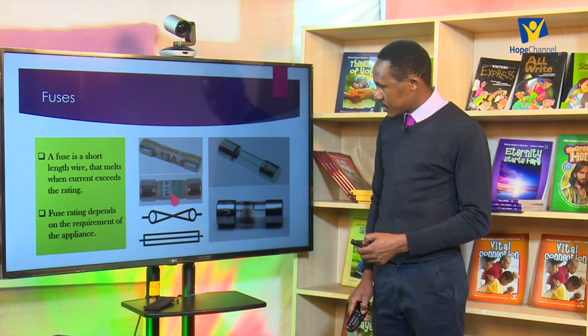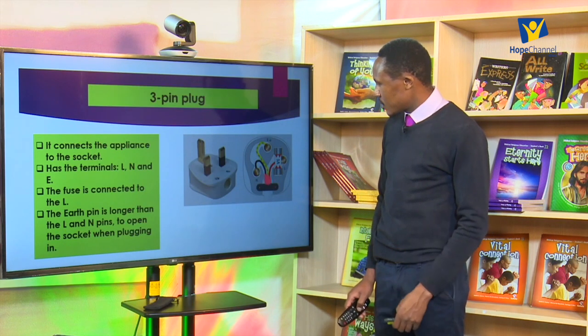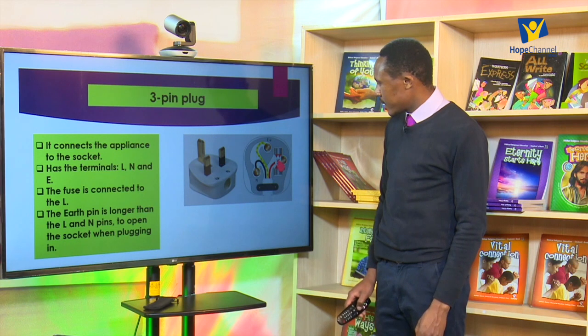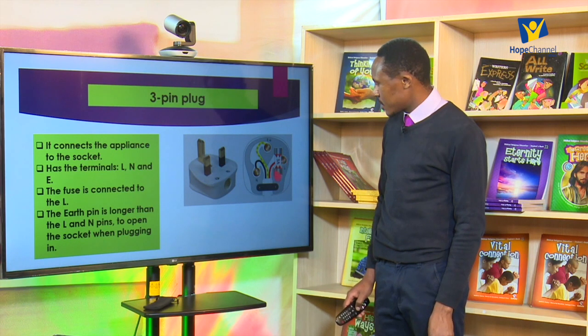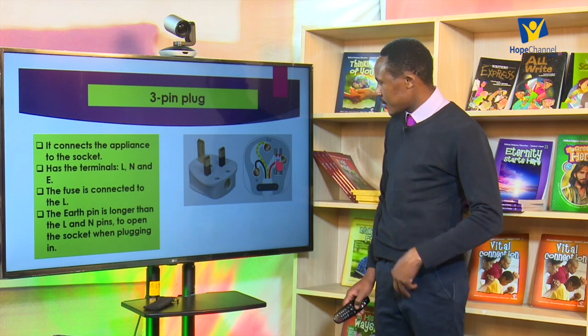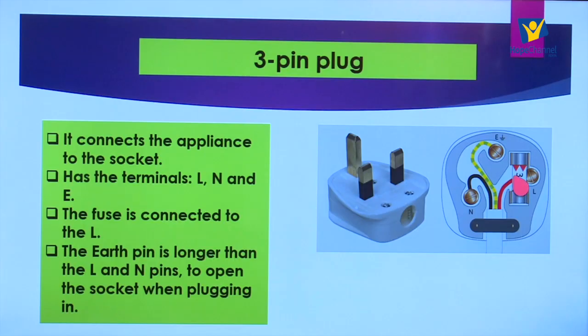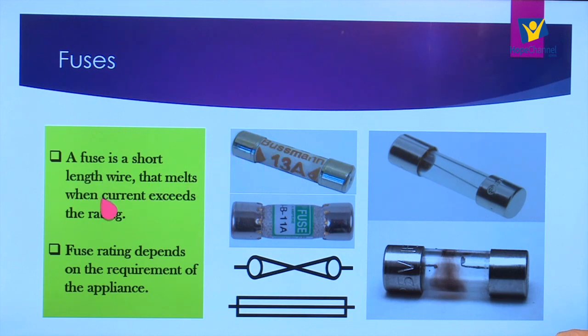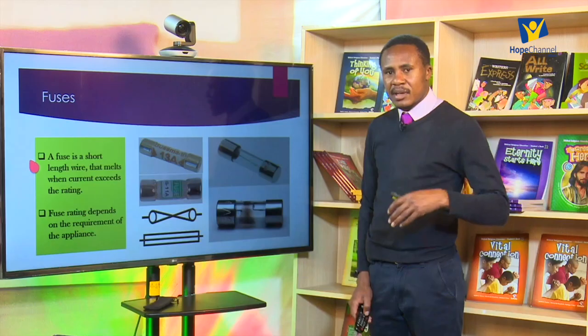So if this fuse for this particular plug is 3 amperes, if the current goes beyond the 3 amperes, the fuse is going to blow, and if it blows, that means it melts. It will cut off the supply, so there'll be no connection from this plug to the particular appliance that you are using. So the fuse rating depends on the requirement of the appliance.